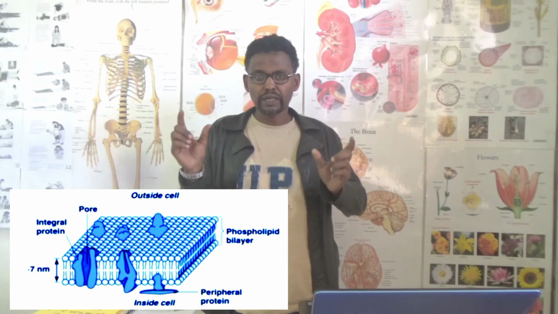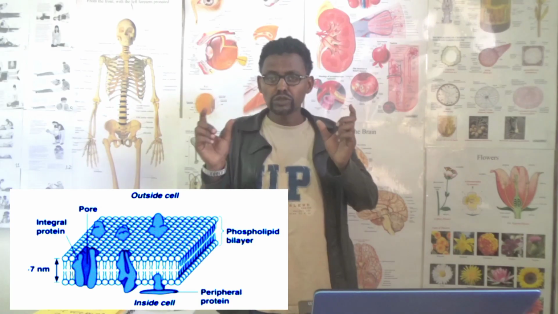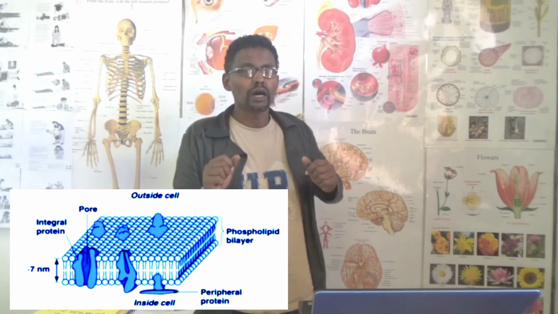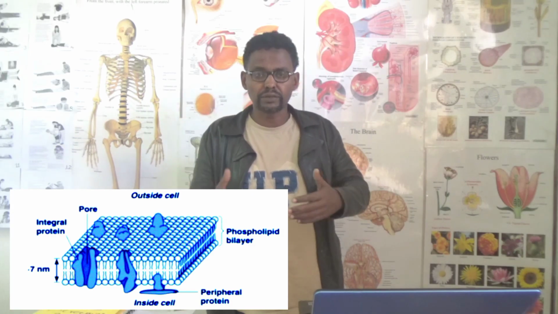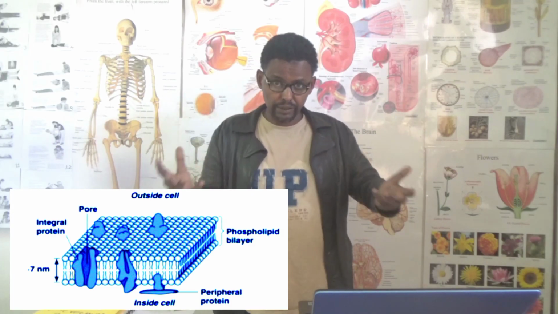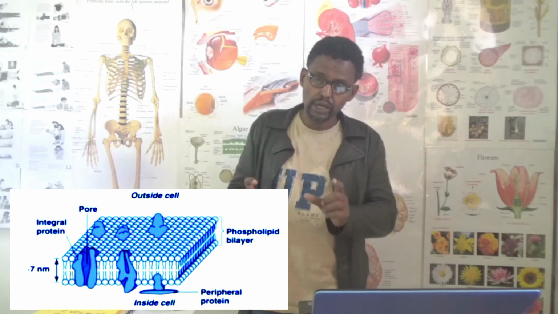And that cell membrane is normally made up of, like you can see in the picture, two layers of lipids. When we say lipids, we mean the molecules of fats and oils that we will see later on. These lipids are in the form of a phosphate with two tails of lipids.